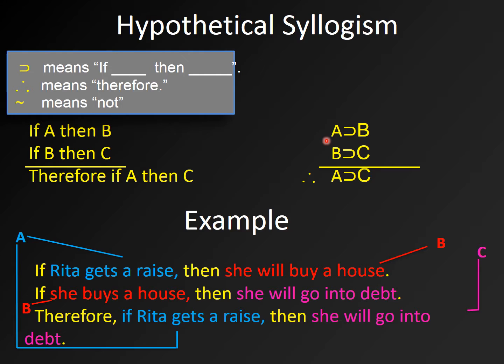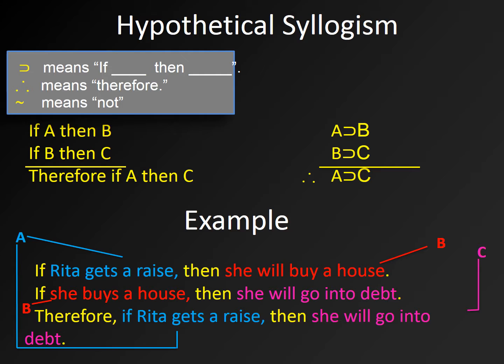It basically goes if A then B, if B then C, therefore if A then C. And again, it doesn't matter what you put in for A, B, and C. So if Rita gets a raise, then she will buy a house. If she buys a house, then she will go into debt. Therefore, if Rita gets a raise, she will go into debt. Deductively valid.